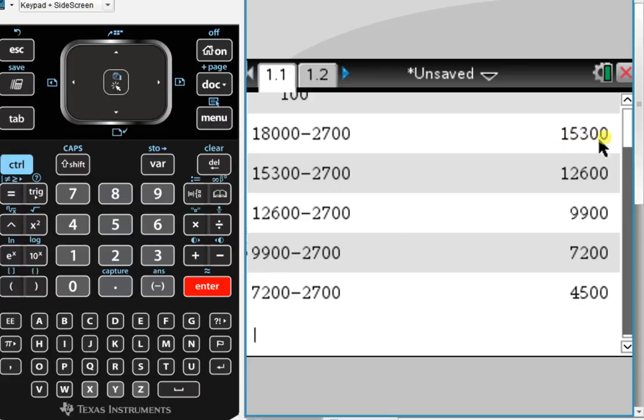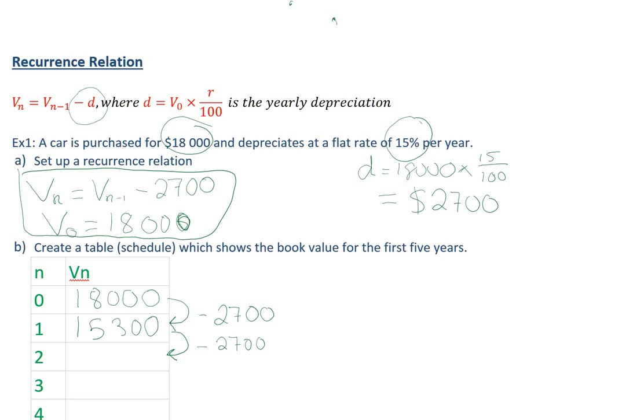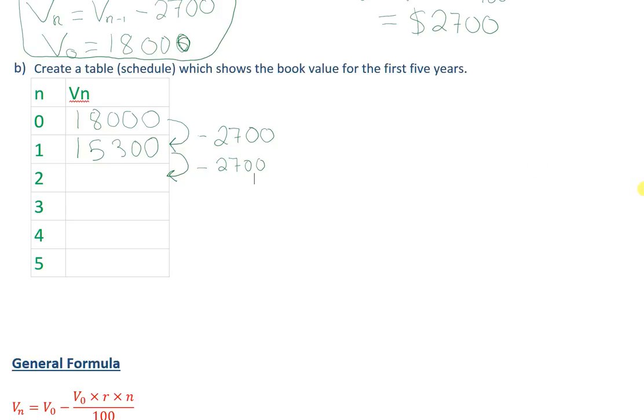Okay, so I get 15,300, 12,600, 9,900, 7,200, and 4,500. So let's put those in. So 15,300, 12,600, 9,900, 7,200, and $4,500.